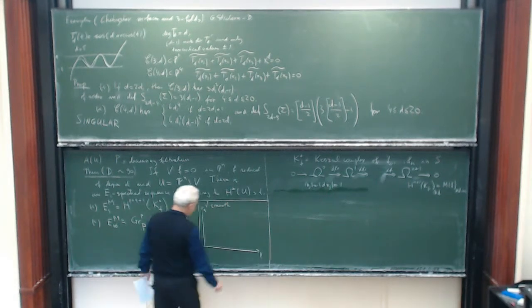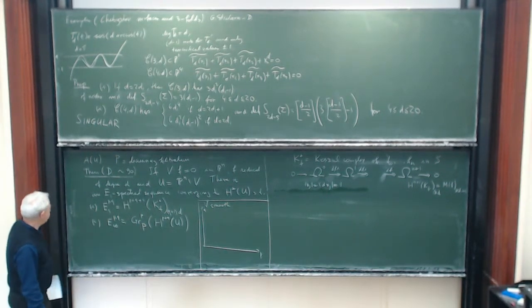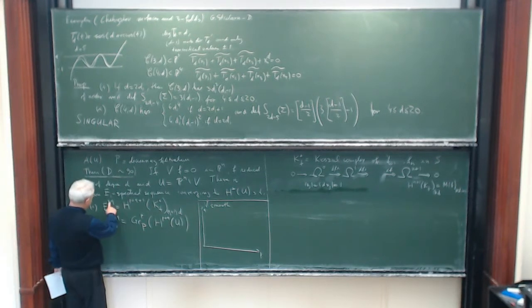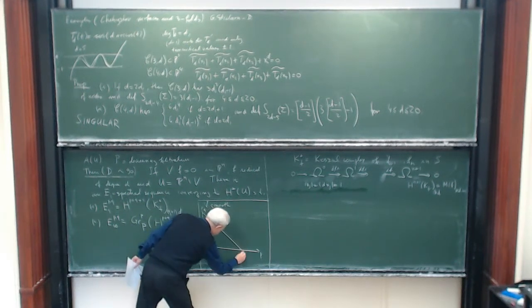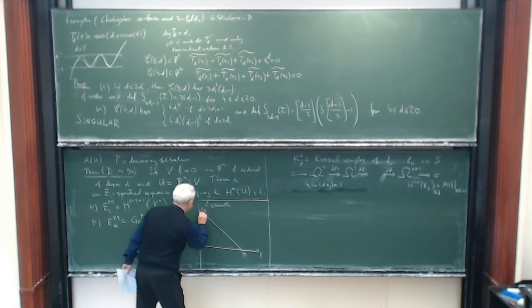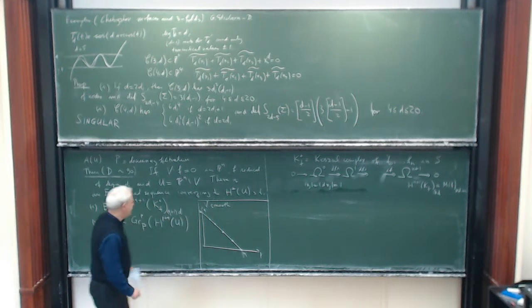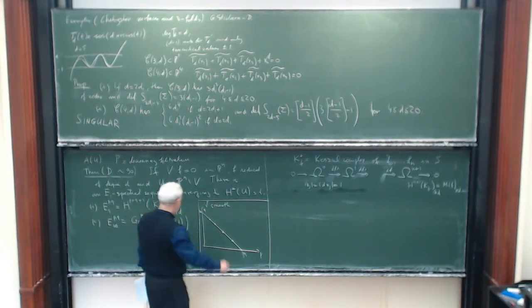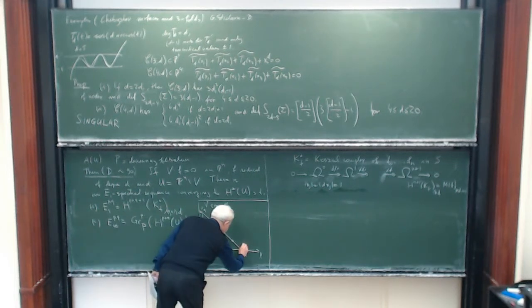And so you see that in this spectral sequence, I need p plus q equal to n. And so the only terms here are the homogeneous components which appear.